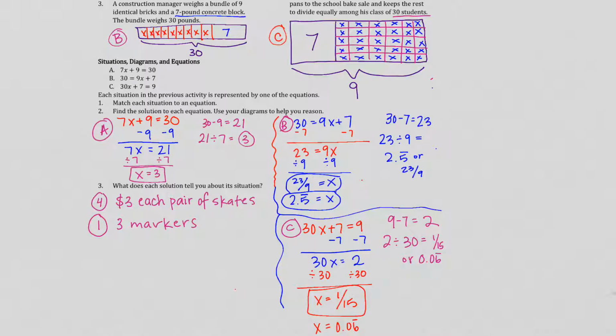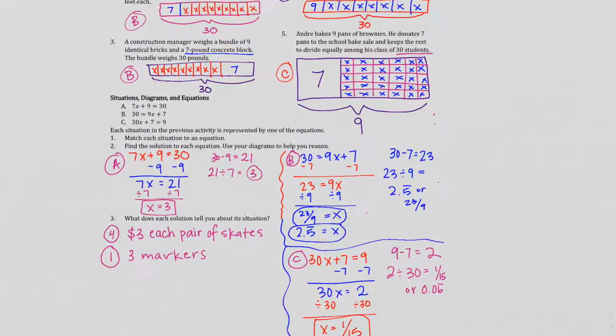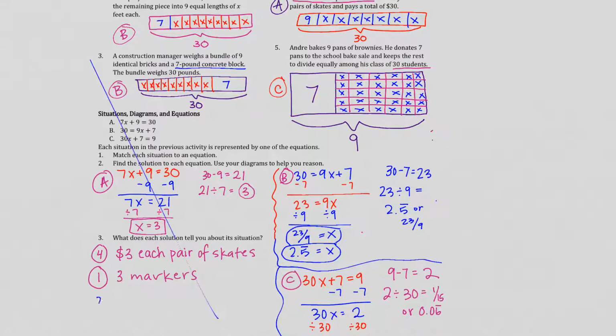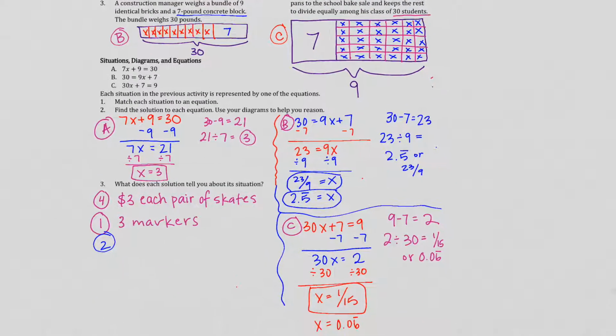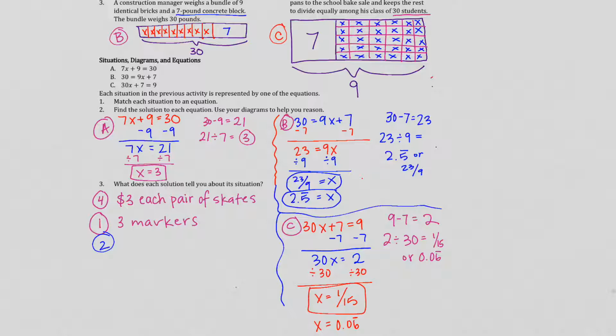Okay. So then for B, that's number 2 and 3. So if we look at number 2, she had a 30 feet piece of ribbon. She cut off 7 feet and cuts the 9 equal lengths of X feet each. So that tells us how long each piece should be.